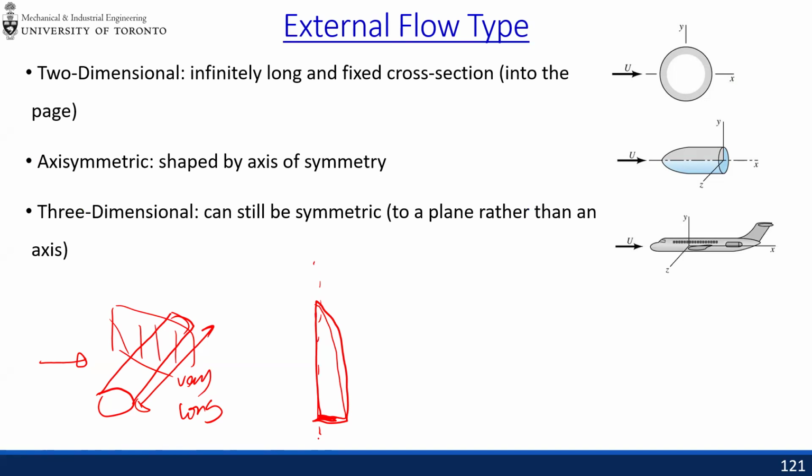Even a three-dimensional object can sometimes be broken down a little if there's a symmetry plane. So let's say this is the plane. I'm not very good at drawing planes. It kind of came out like a fish. Let's say it's a plane. Now, if the flow is coming straight down, then you can just cut a symmetry plane.